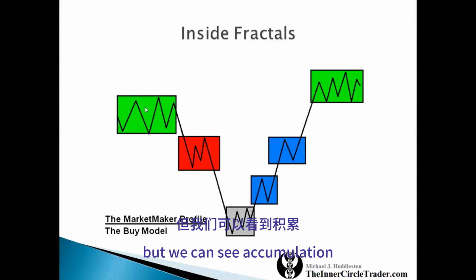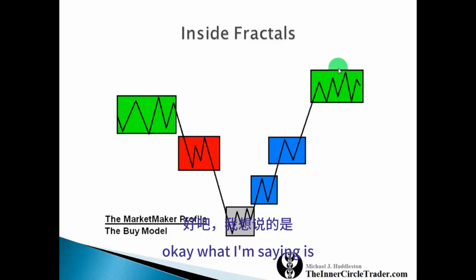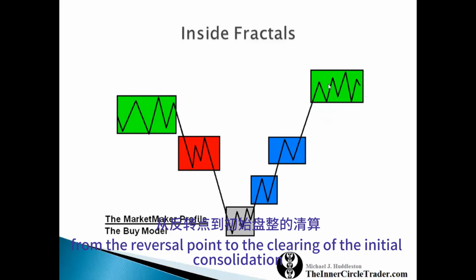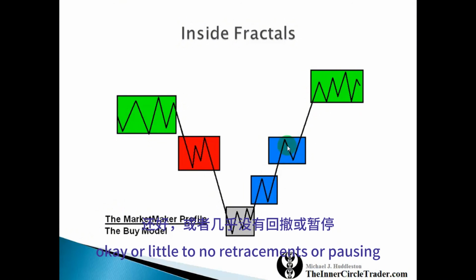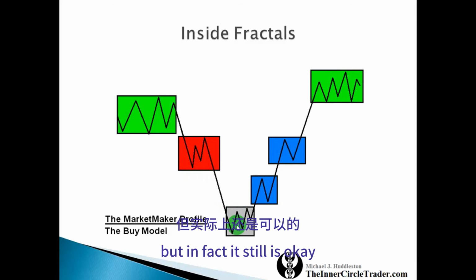But we can see accumulation, a drop down, moving into a support level, and then a rapid move away. What I'm saying is that in these two particular price points, from the reversal point to the clearing of the initial consolidation, this may be so fast and thin, with little to no retracements or pausing, that you would assume that it's probably not a buy profile, but in fact it still is.